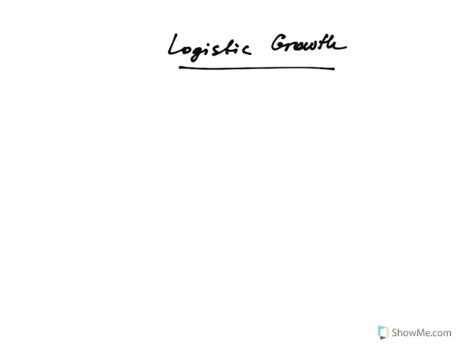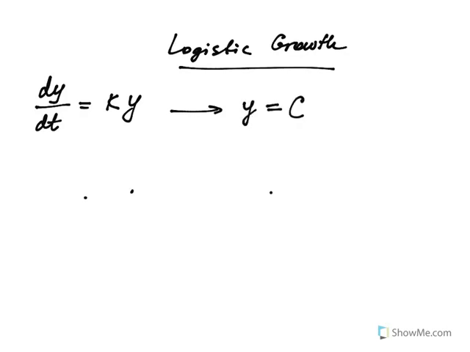So the differential equation, let's say, dy/dt equals k times y. And then the solution, the equation, would look like this, e to the power of kt.